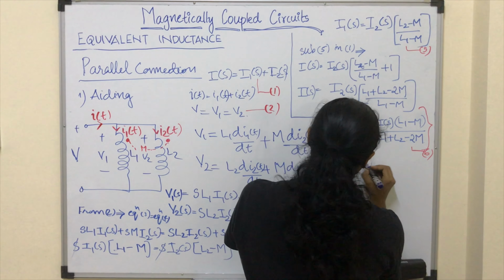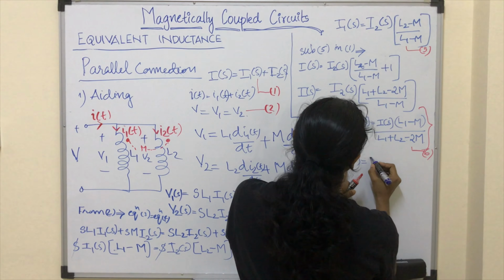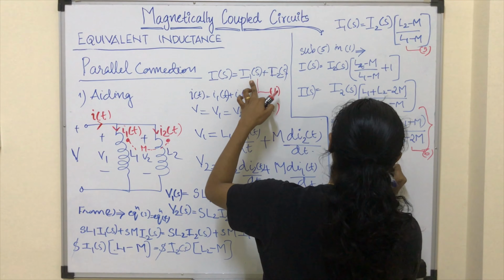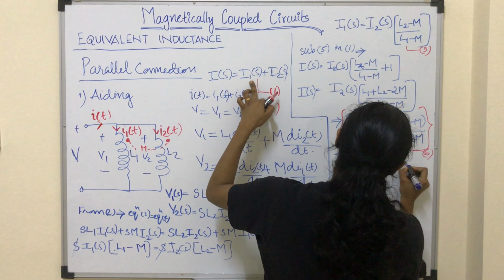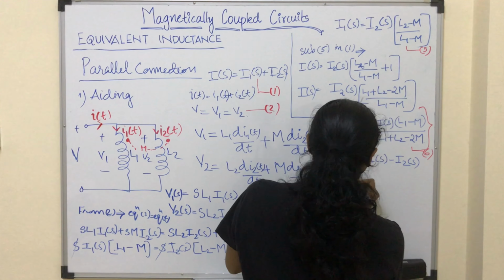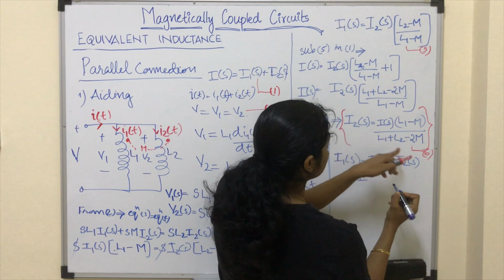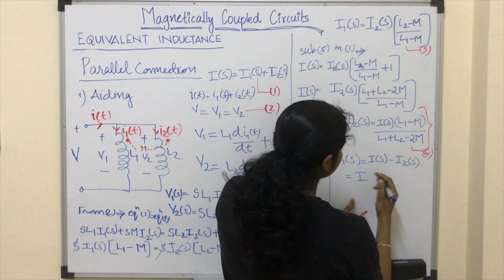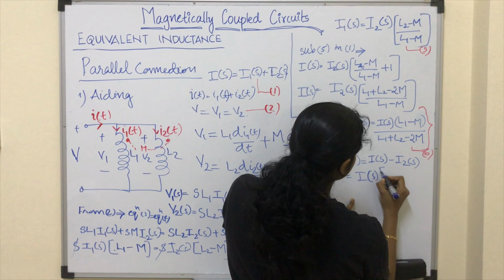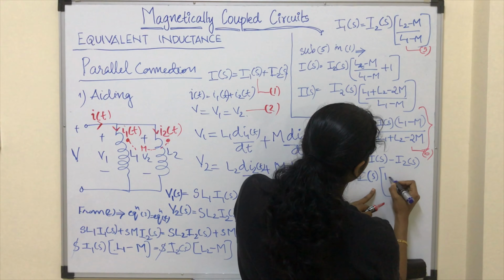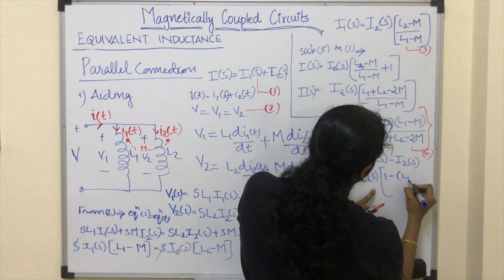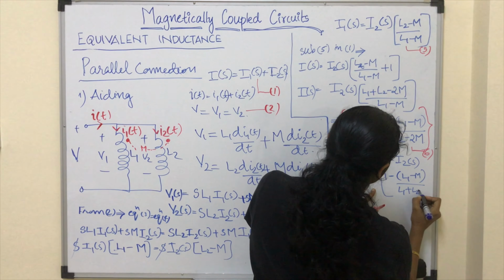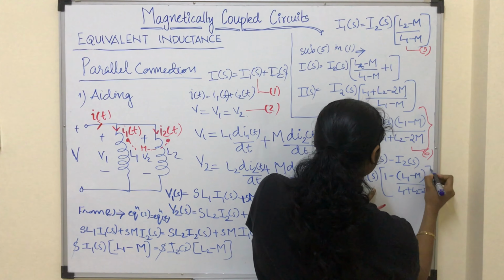The same way we can derive an equation for I1 of S. I1 of S is equal to, from this equation we can write as I of S minus I2 of S. That is, substitute equation number 6 here. I am taking I of S as common: I of S into 1 minus (L1 minus M) by (L1 plus L2 minus 2M).